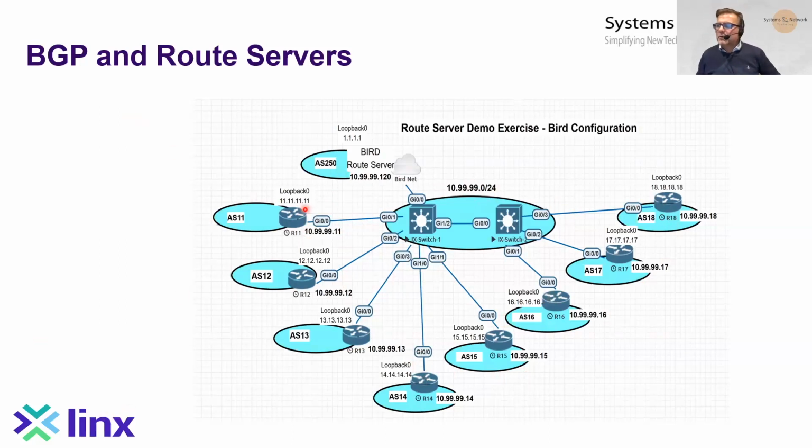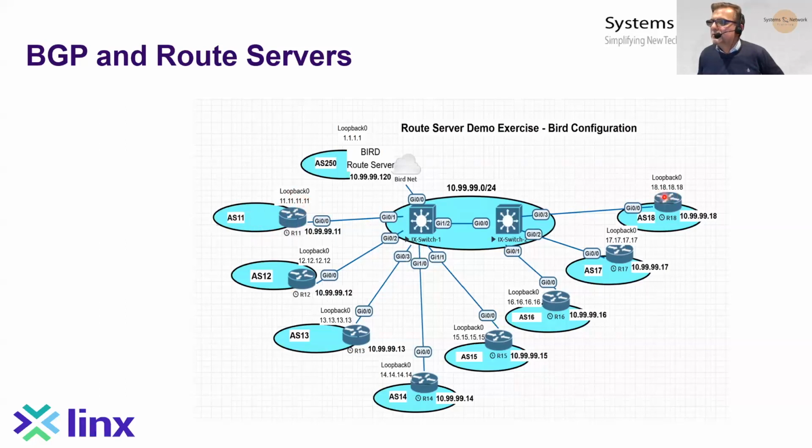Now, each of these routers is going to be advertising its address space. And the way I've done this is that there is a loopback interface on the router with an address, which is using the same sort of numbering as you can see in their AS number. So to keep it simple and keep it visible, for example, here, Autonomous System 11 is advertising the 11.11.11.11 address.